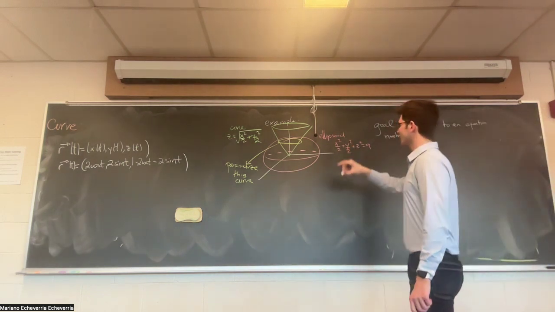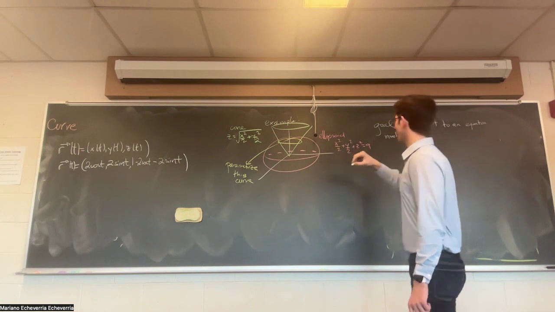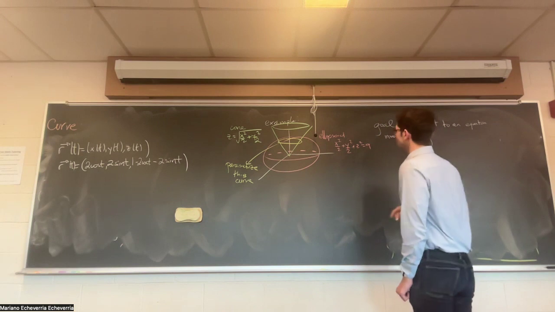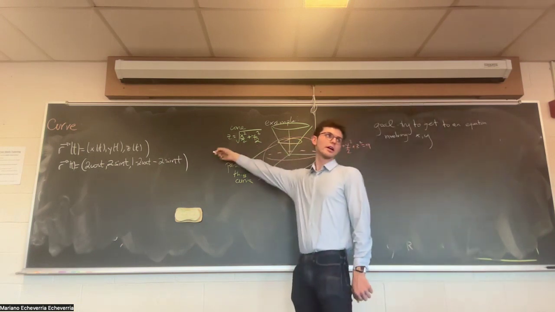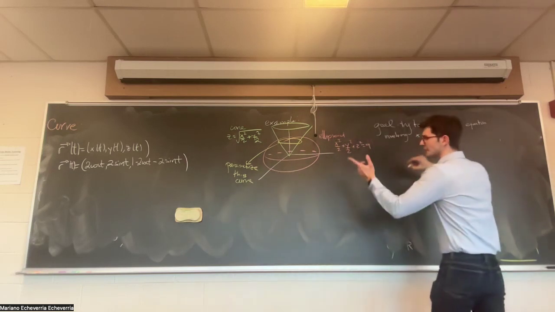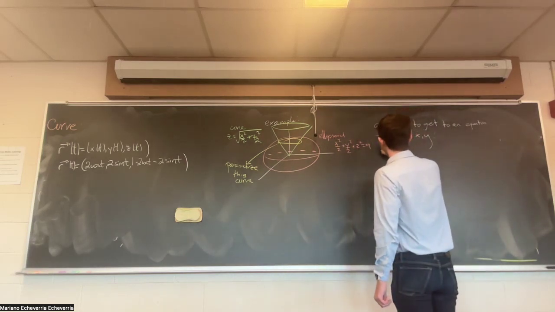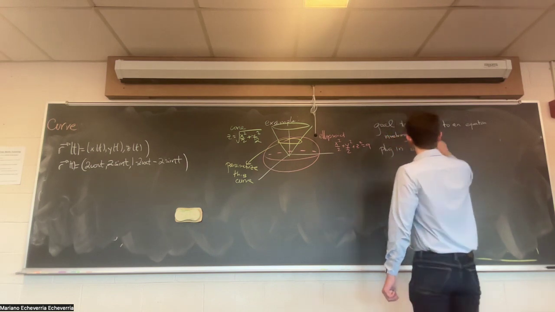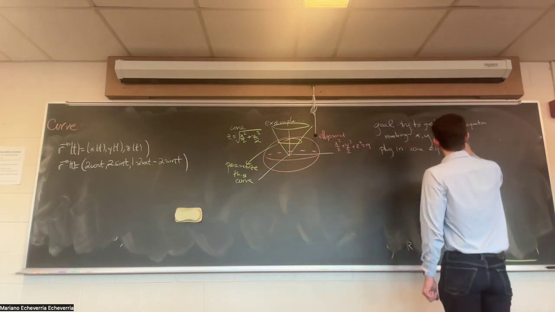Well, the idea is that you want to work with the intersection, right? So you're working with these two equations simultaneously. So you can just substitute or plug in the equation of the cone into the equation of the ellipsoid. So in this case, you can plug in the cone equation into the ellipsoid.